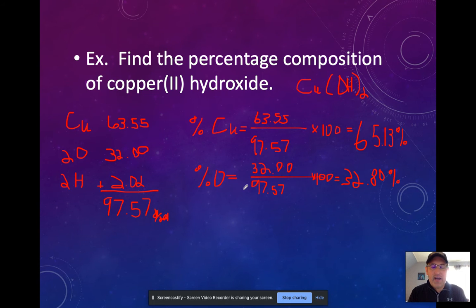One way you could find hydrogen here is to subtract these two from 100, and that should give you the remaining percentage of hydrogen. I'll just write it out for you.